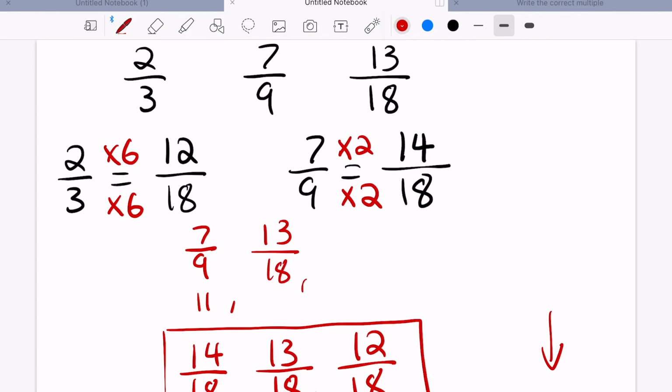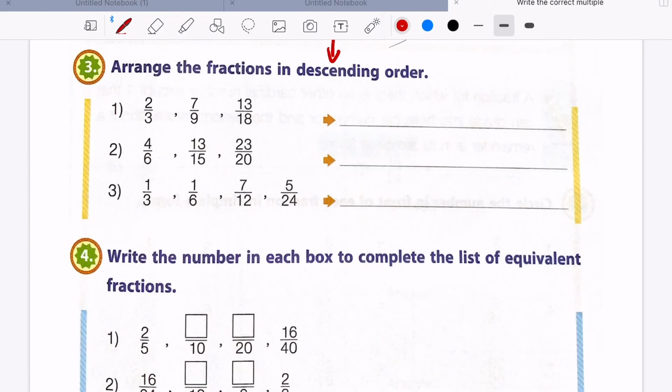Then last of all is 2/3, right? So 7/9, 13/18, then 2/3. So we're going to write that down. 7/9, 13/18, then 2/3. So that's how we arrange fractions in descending order.